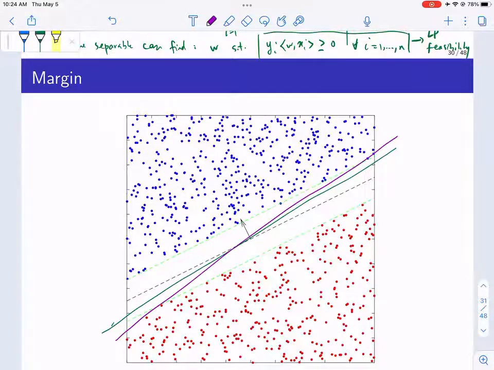So this also works, but the dashed line seems better because there's this margin, which is the minimum distance of all these points to the line. This is much higher than this. So you can imagine the next sample might be a little bit here, I pay a price, but if there's a perturbation going on, then if I have a large margin, I still have 0 L1.